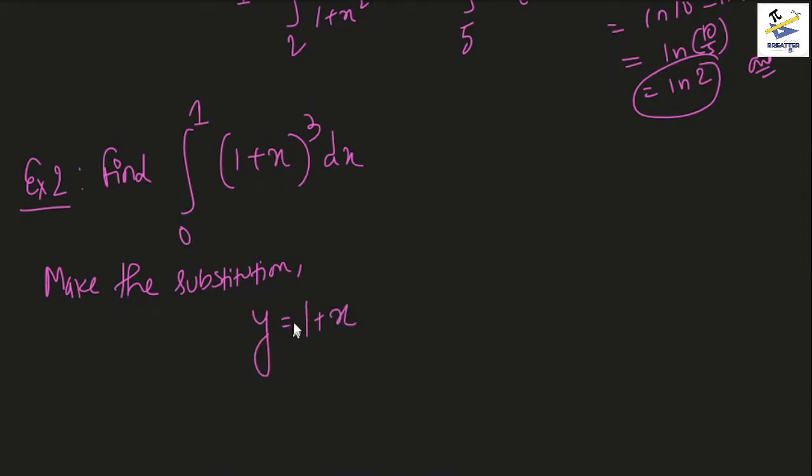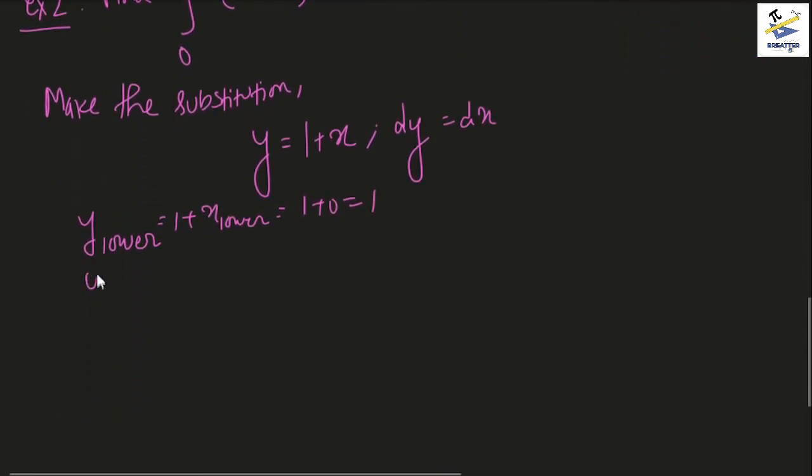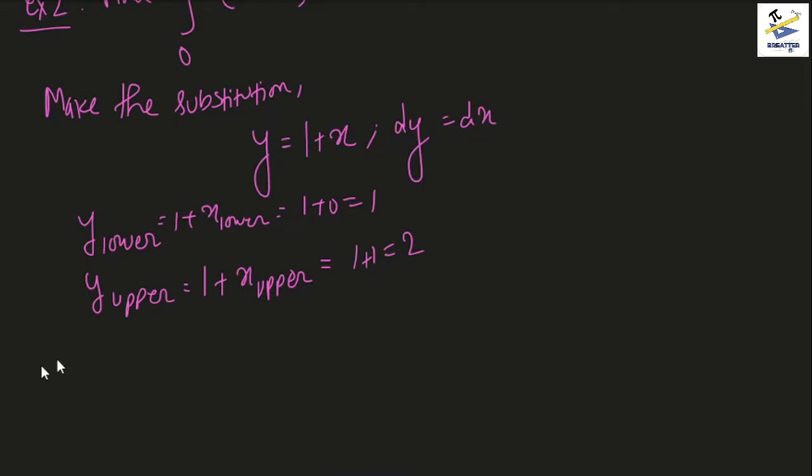y equals 1 plus x. Obviously this would give me dy equals dx, but the limits won't be the same, because the limit for y lower would be equal to 1 plus x lower, which is 1 plus 0, which is 1, and similarly the limit for y upper would be 1 plus x upper, and this should be equal to 1 plus 1 equals 2.